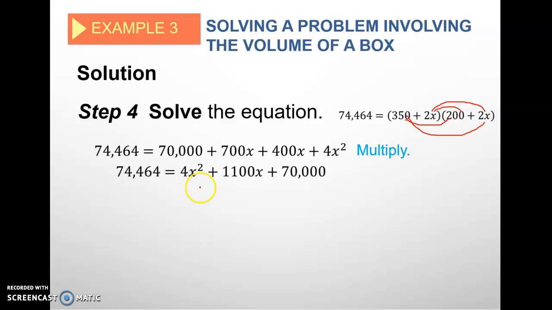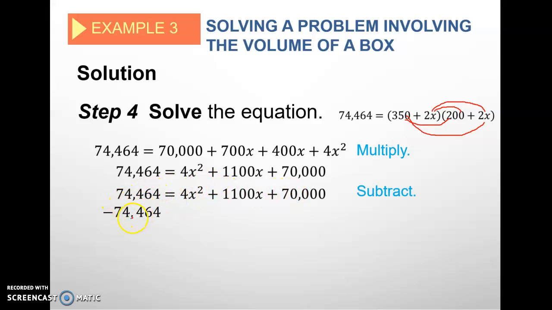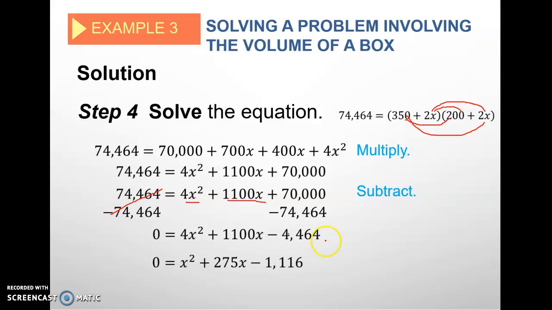To simplify more, we subtract 74,464 on both sides. This becomes 0, and we copy the two terms, and 70,000 minus 74,464 gives negative 4,464.